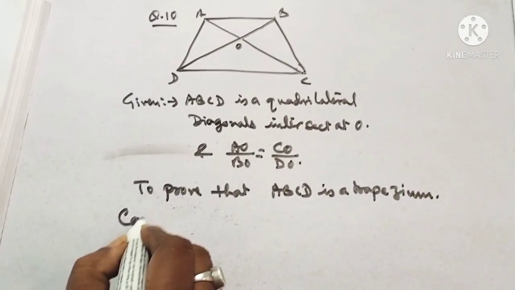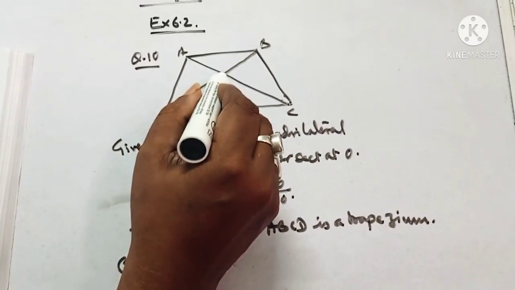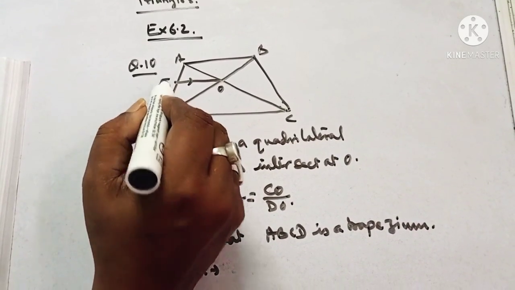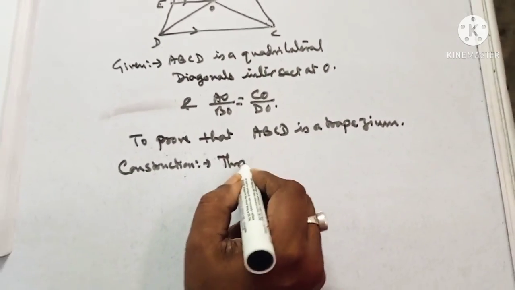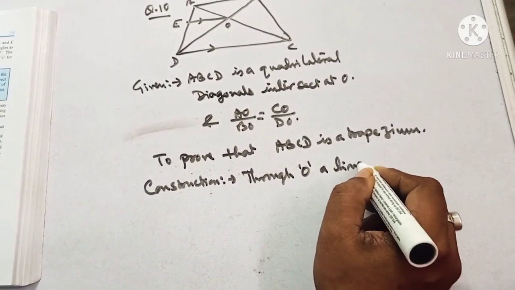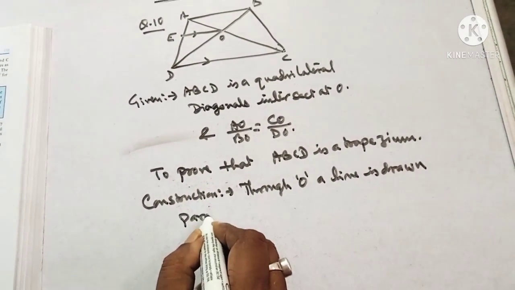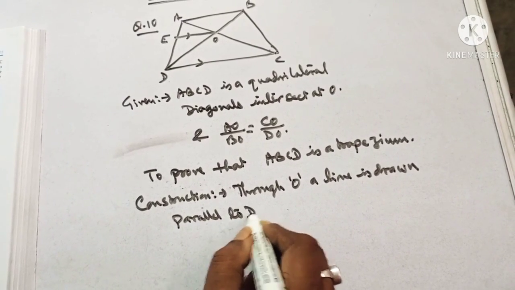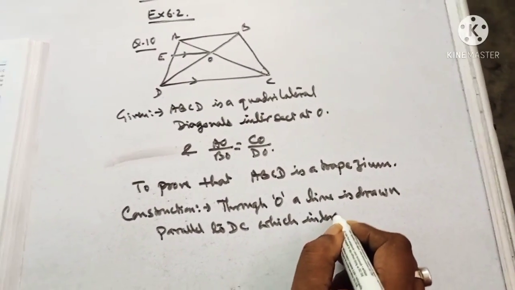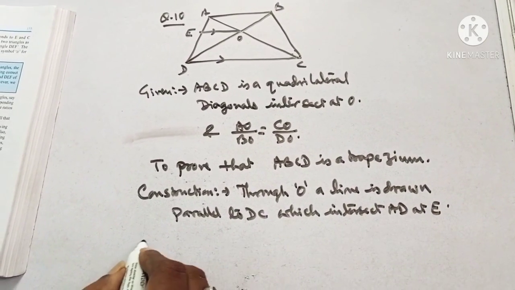Here you have to do a construction: through O you draw a line parallel to DC which intersects AD at E. Now proof.